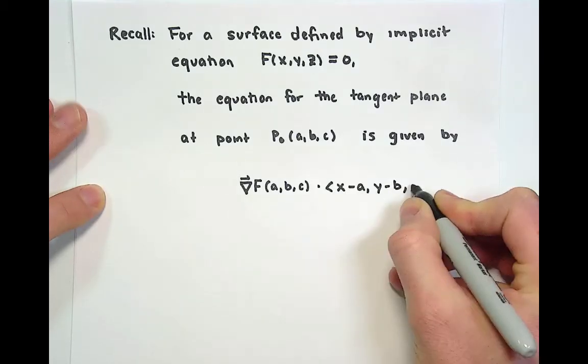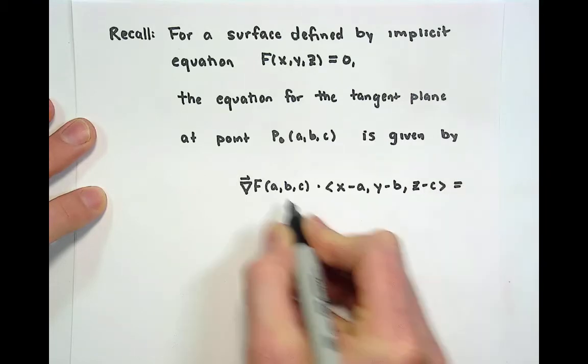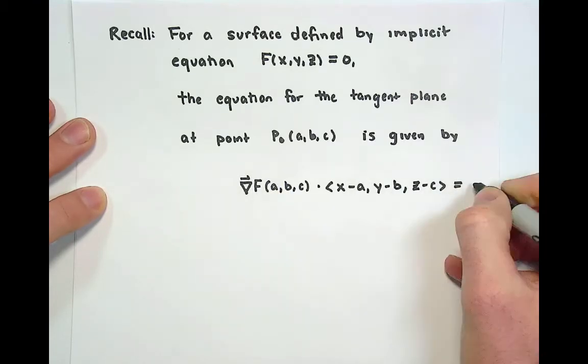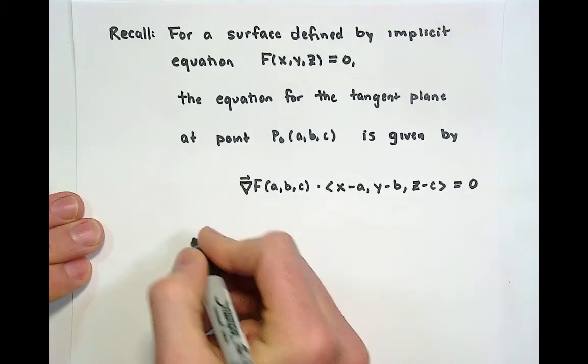So in this case it would be x minus a, y minus b, z minus c, and we said that the gradient will be orthogonal to any vector on that plane, which is quite amazing, so that this becomes 0.